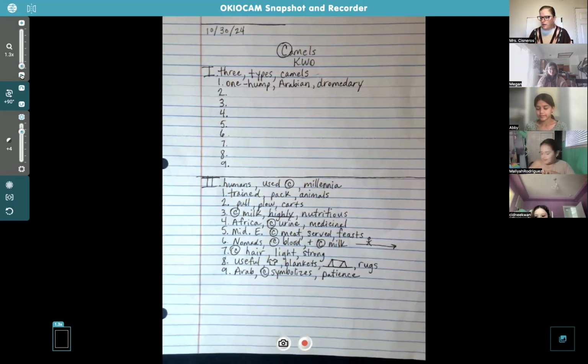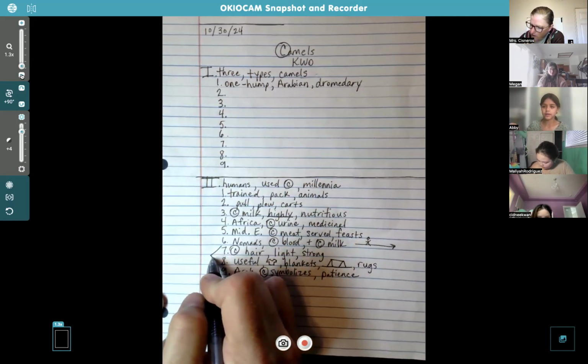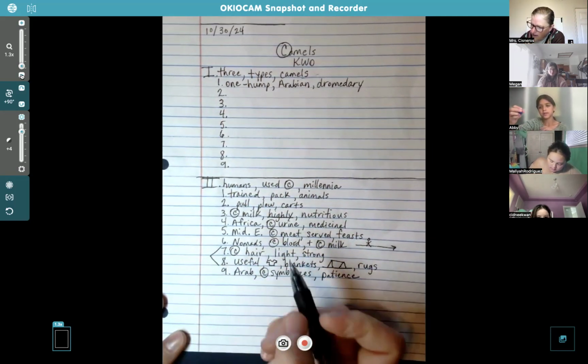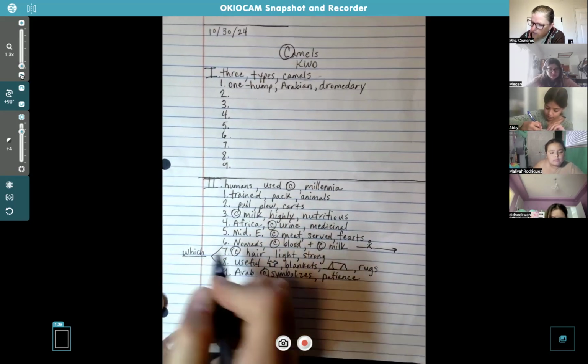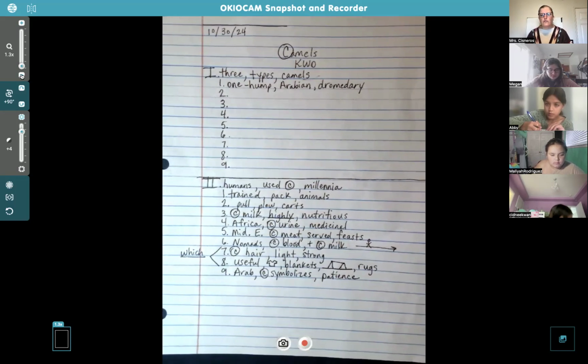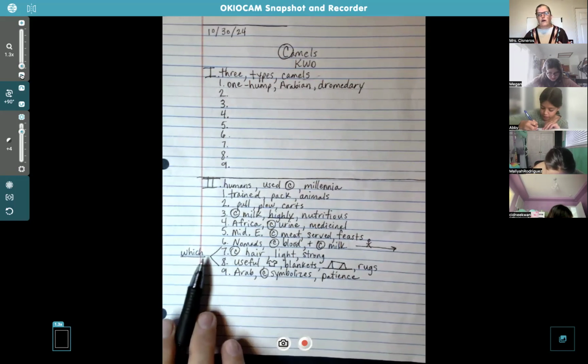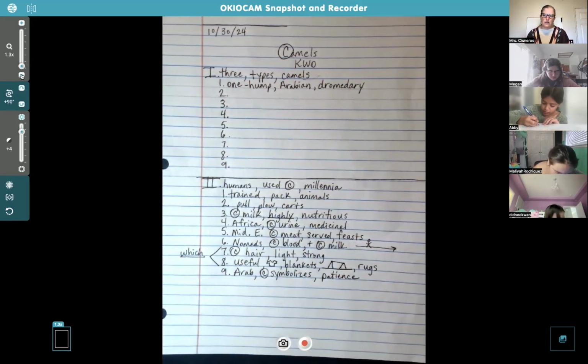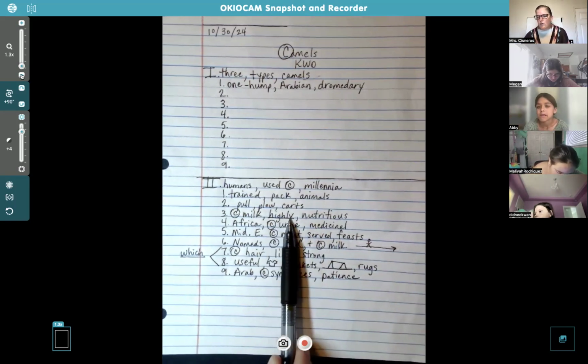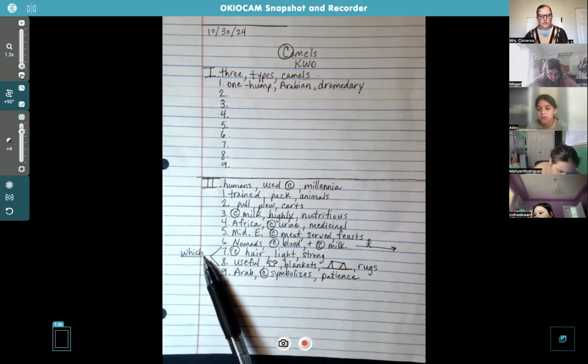That's a good spot. Let's put a note right here. Can you guys just make a little bracket like that and then put the word which and underline it? And that's a little note for you. When you go to write your paragraph, that's a really good spot for a which clause when you write your sentence later, okay? So now you've got your ly adverb here and a which clause, so that's good.